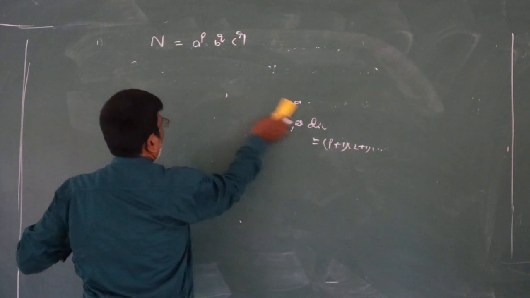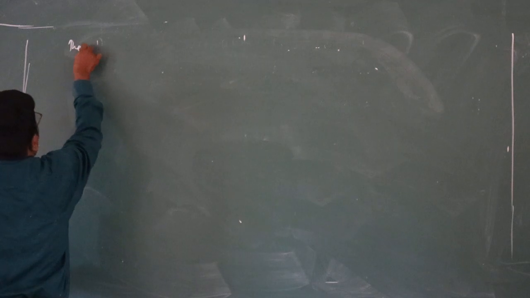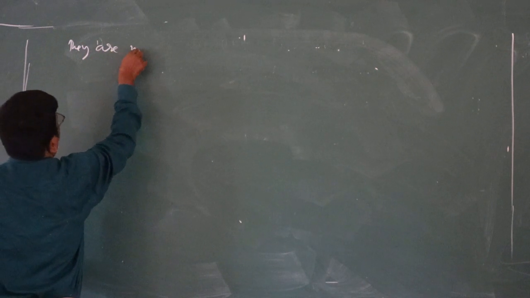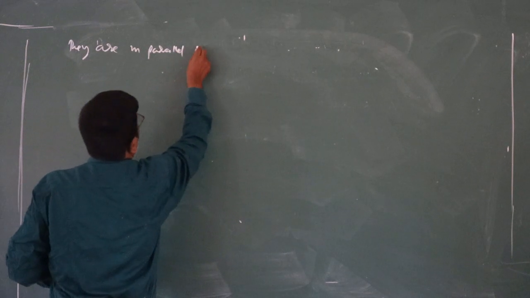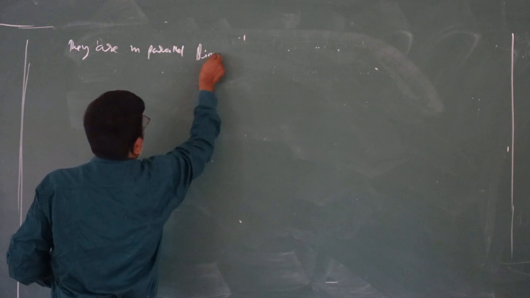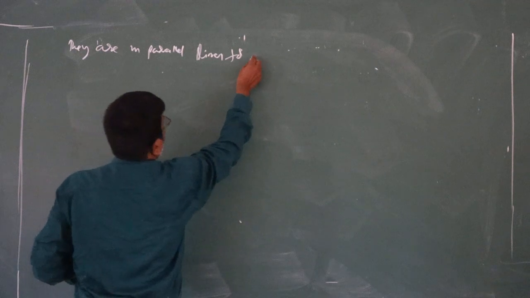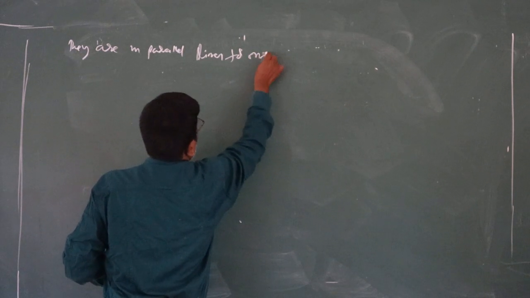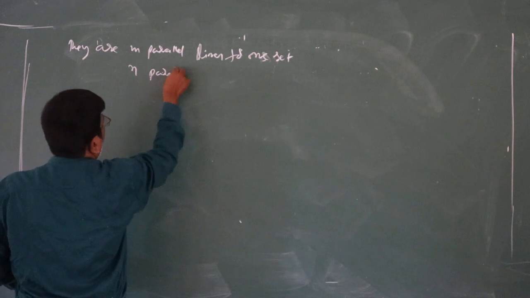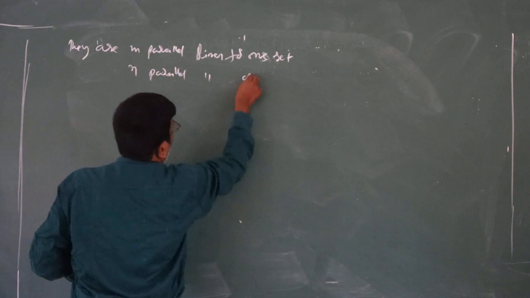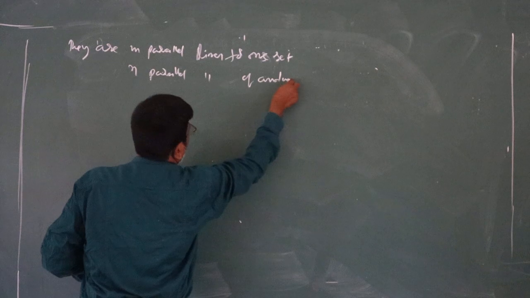Suppose there are m parallel lines of one set and n parallel lines of another set.